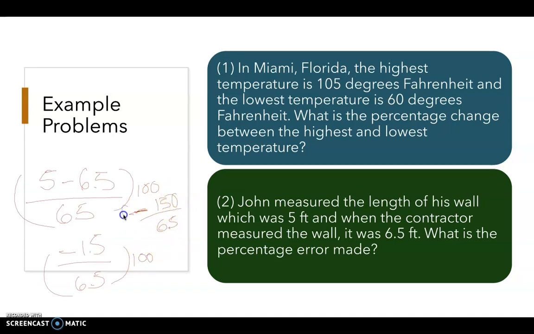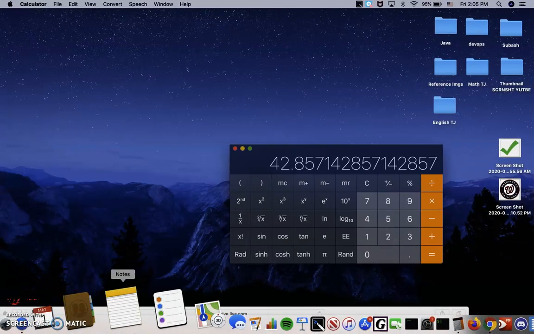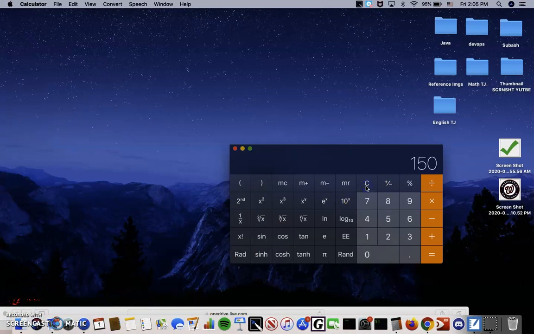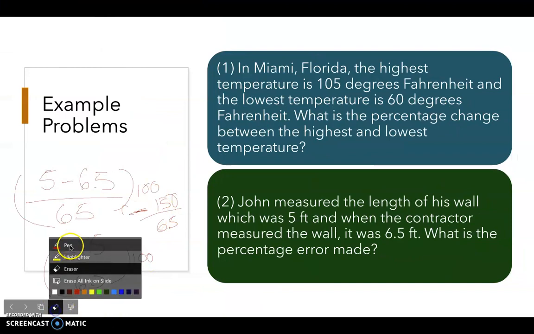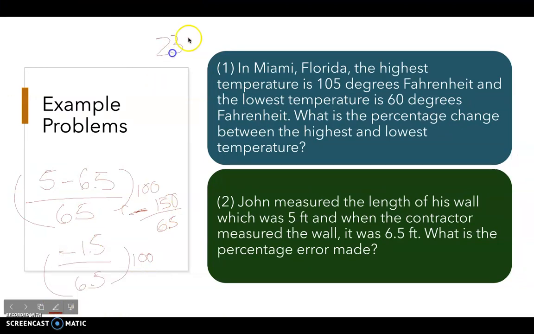Let's do it in the calculator. 150 divided by 6.5. So again, referring about another 23% error made there. Okay?